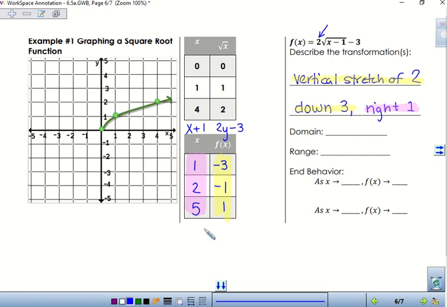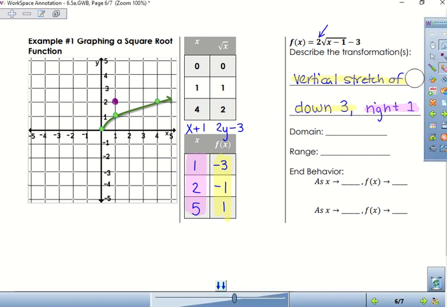So now you're going to plot your new transformed function. Oh, I did something wrong. I was like, wait, that's not right. Sorry. Okay. I was looking at the wrong thing. 1, negative 3, 2, negative 1, and 5, 1.